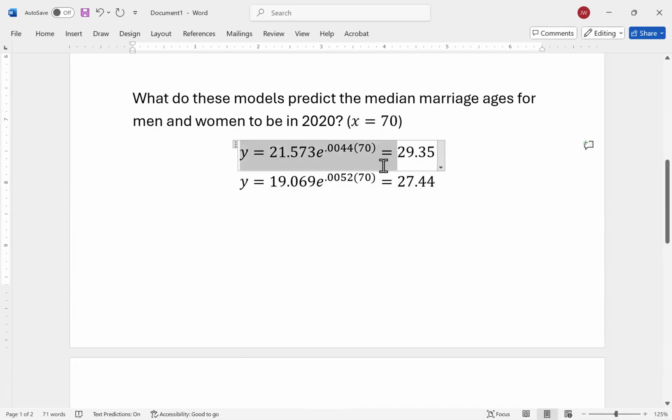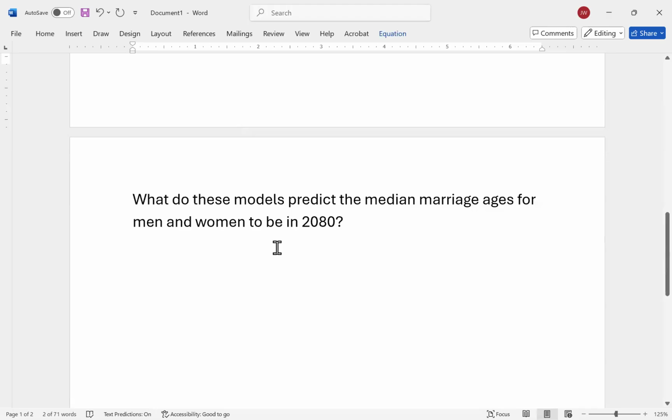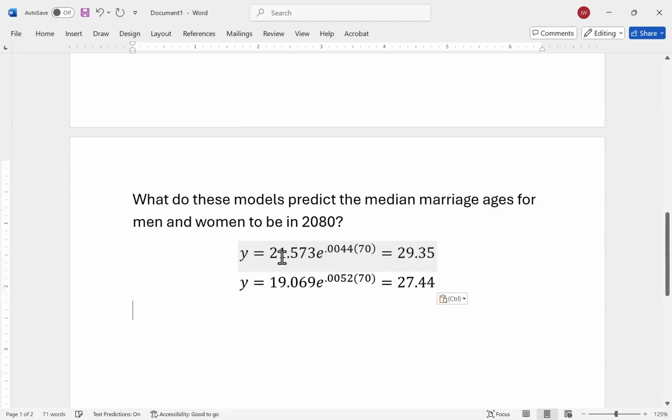On the other hand, if we use a year like 2080, well, that's going to be an X value of 130. 2080 from 1950 is 130 years.